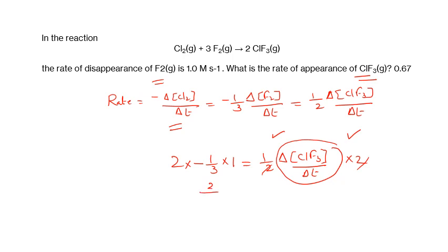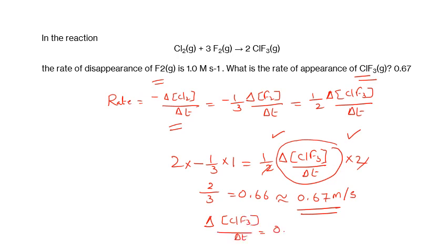So 2 over 3 will equal 0.6666, that is approximately 0.67 molar per second. That is the rate of appearance of ClF3: change in concentration of ClF3 divided by delta T equals 0.67 molar per second.